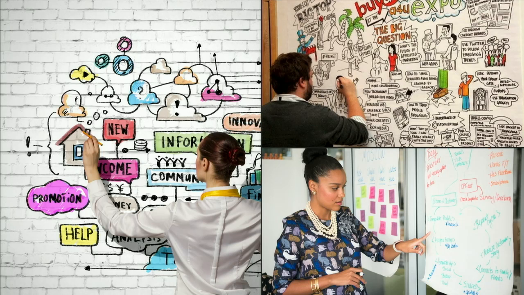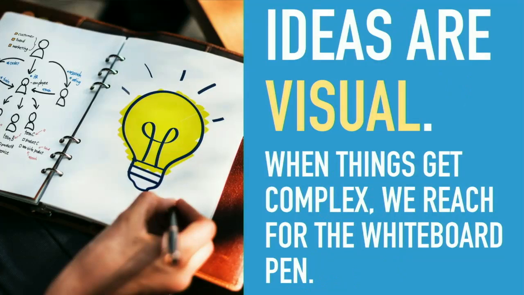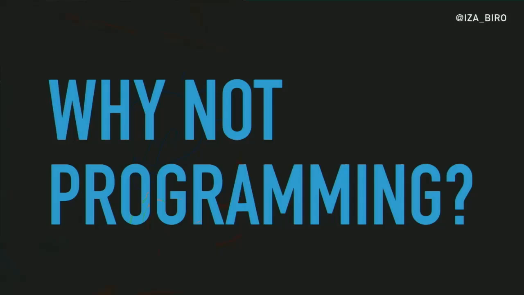And when you go into a 2-hour-long meeting or a 2-hour-long talk, you probably lost 30 minutes in. So visuals are always good to be there to help. And ideas are visual. Whenever things get complicated, we reach for the paper, we reach for the whiteboard, because that's how we can explain stuff.